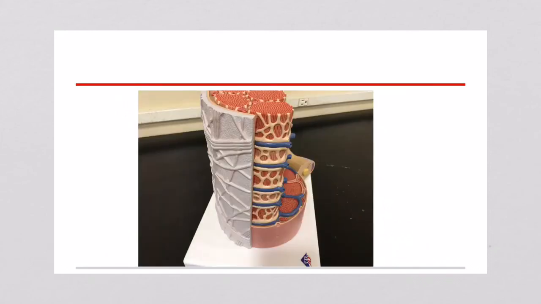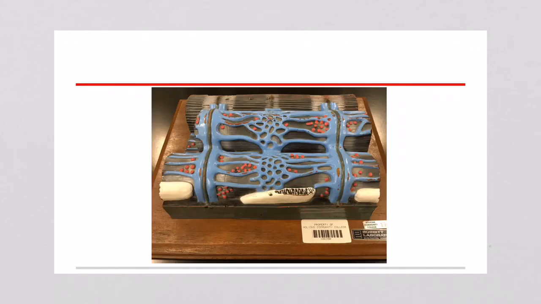A side view of this model shows us the connective tissue that surrounds the muscle fiber. This is again called endomysium. This model shows the ultrastructure of a muscle cell. So here we have those myofibrils that are broken down into sarcomeres.